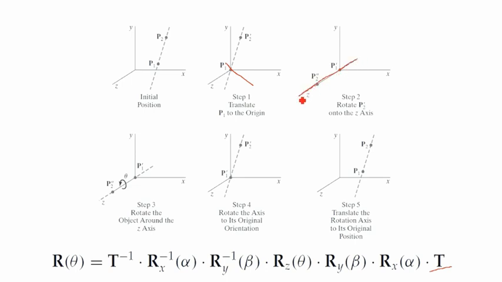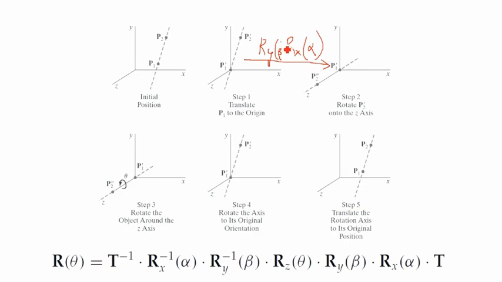So from this step to this step, we perform Rx of alpha first and then Ry of beta.